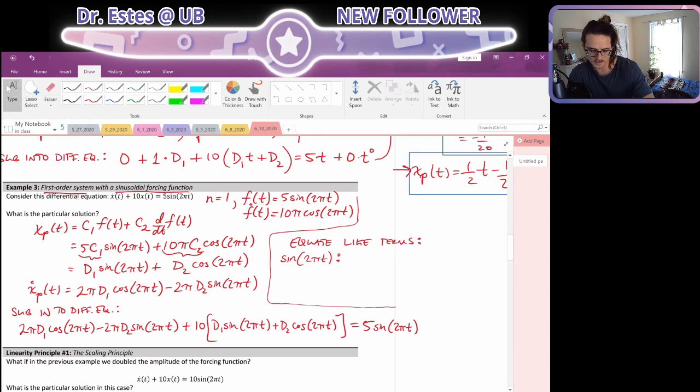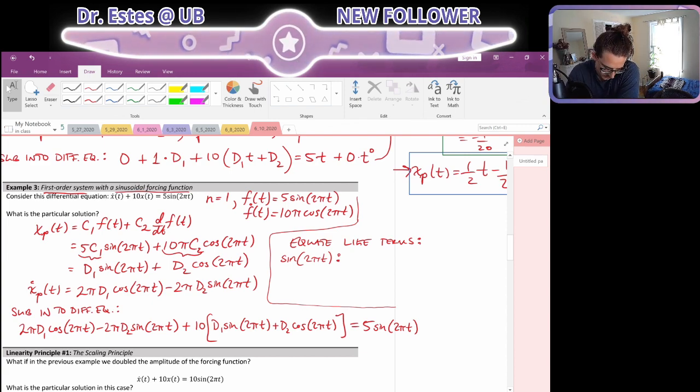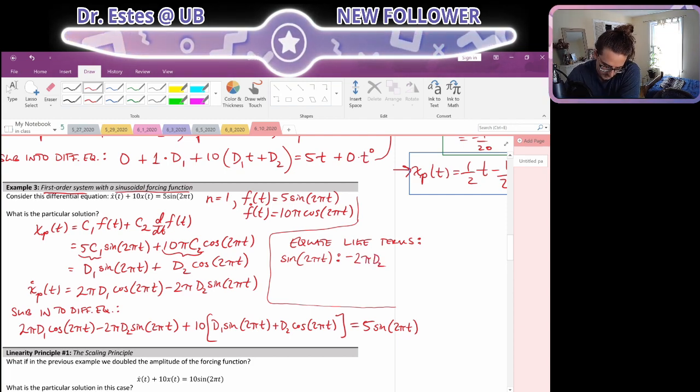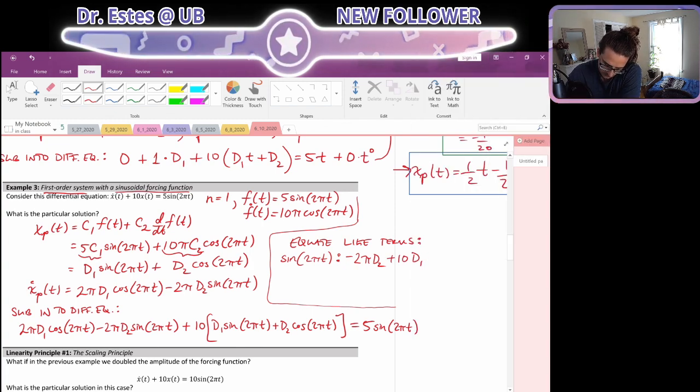I'll get all the sine terms from the left-hand side. So I see minus 2 pi d2 times sine, and then I see plus 10 d1 times sine from the left-hand side.